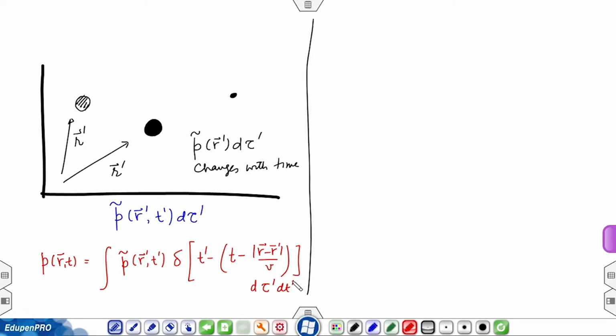So, what is happening is that I am picking up information at time t prime, which is the retarded time for a given position r, and all these pressures are arriving at point r at the same time, and they are being superposed. I can superpose them because the basic equation is linear.